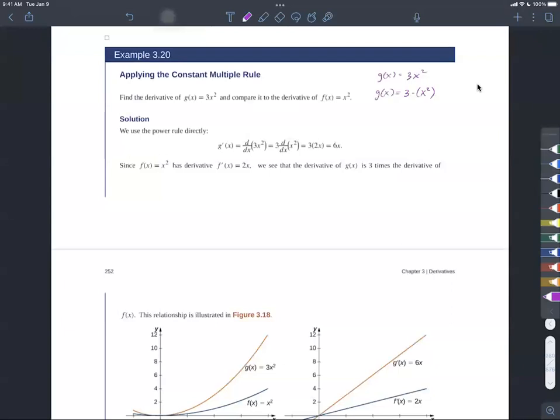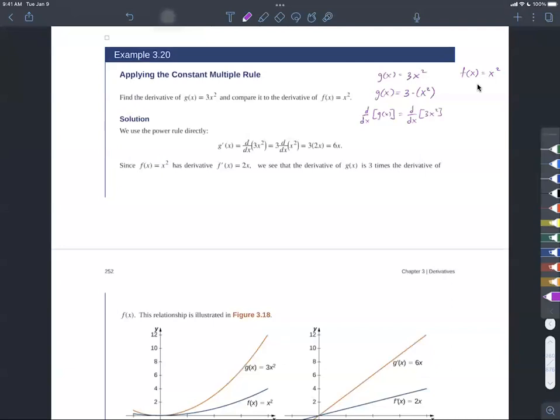And if we think of x squared as another function, f of x, then to take the derivative, I'm going to do d dx of g of x. The derivative of that function is the derivative of 3x squared.